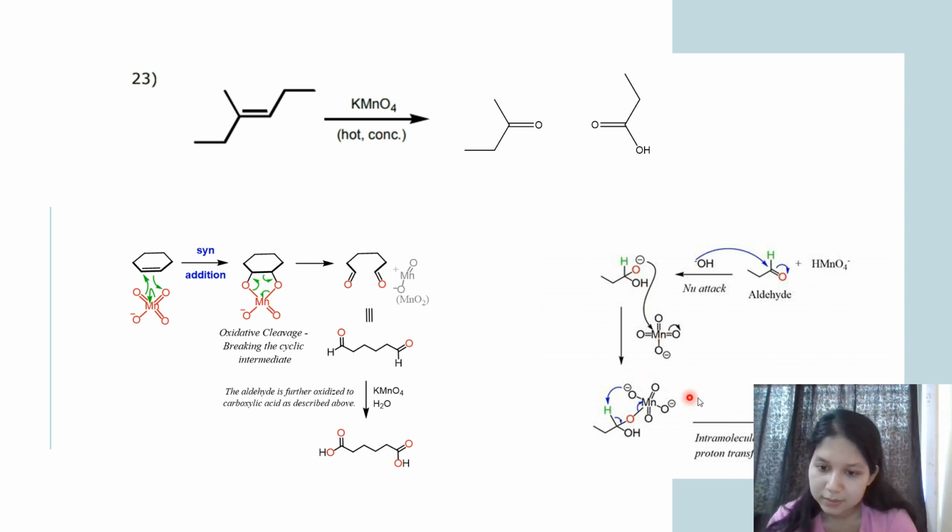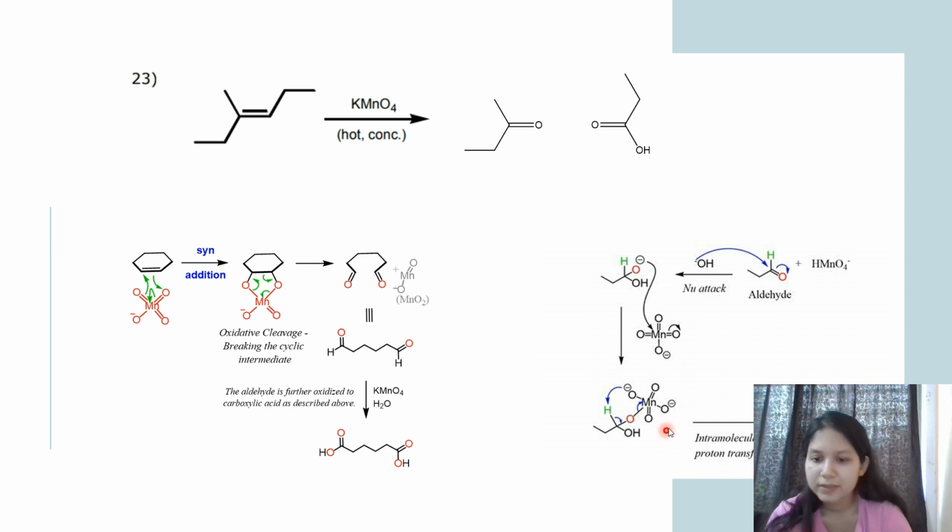So this species, whatever formed, underwent intramolecular proton transfer, and the arrow pushing will show the byproduct, which will be a manganese atom connected to 4 oxygen moieties in different forms. Okay, one will be hydroxyl, 2 will be Mn=O double bonds, and 1 will be an oxygen anion.